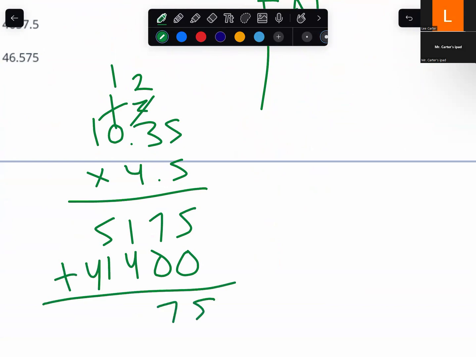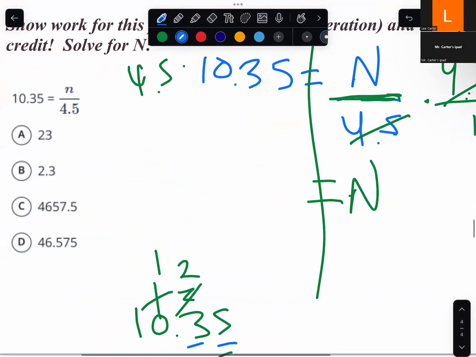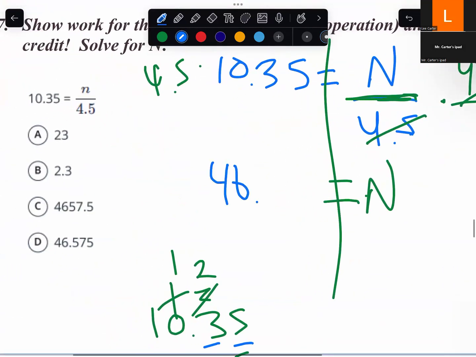So, good thing about doing one like this is that our answer will check itself in a way because it should be over 1, 2, 3 decimal places in the problem. So 1, 2, 3 in the answer. So that means it's going to be what? 46.575.